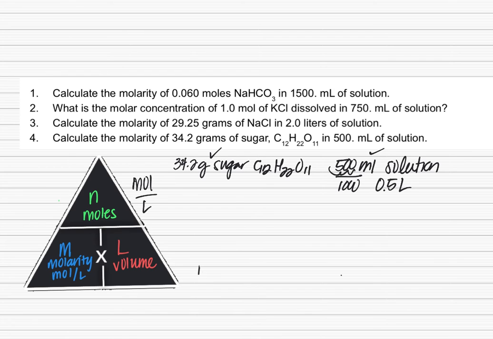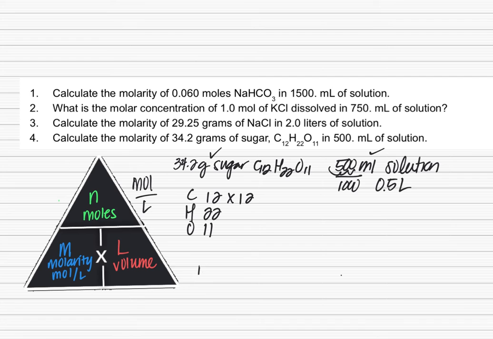Now, to find our moles of sugar, we're going to have to take a look at our periodic table of elements again. So we have carbon, hydrogen, and oxygen. We have 12 carbon, 22 hydrogen, and 11 oxygen.